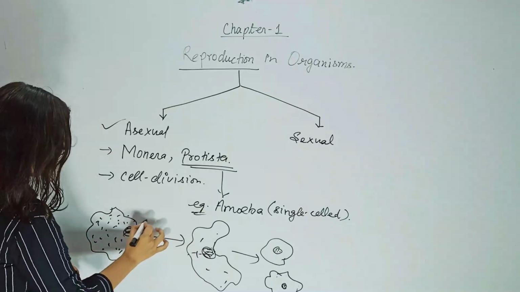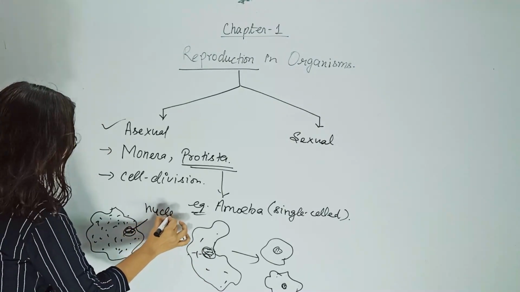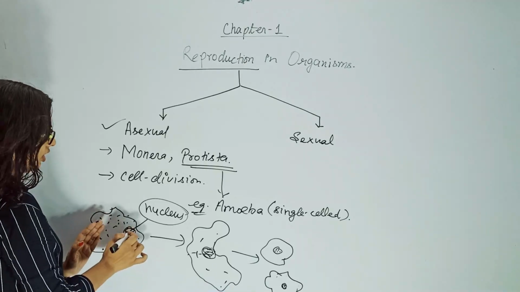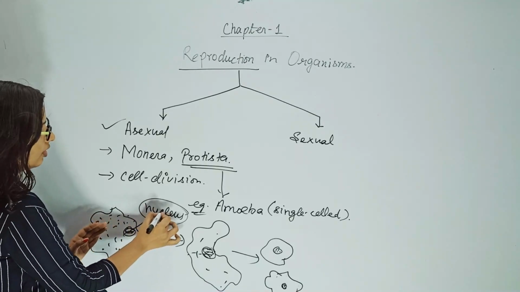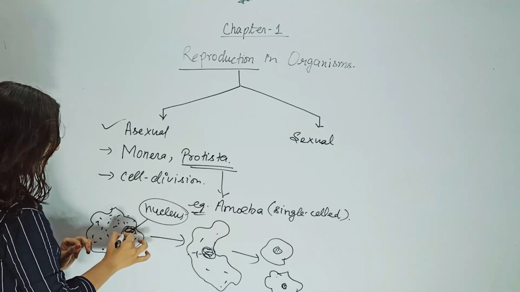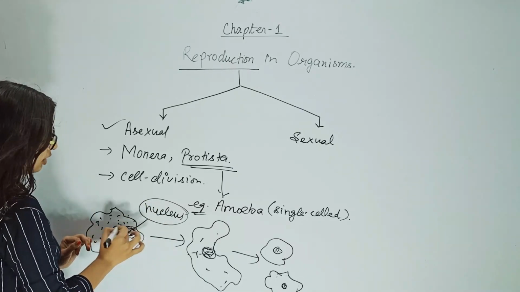This is the nucleus. Since this is a prokaryote, there is no predefined or well-defined nucleus. There will be simply the genetic material.